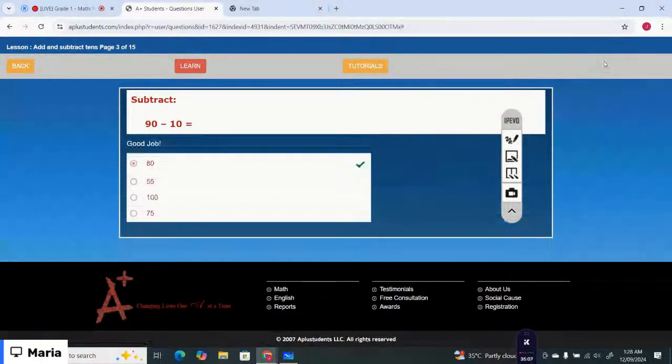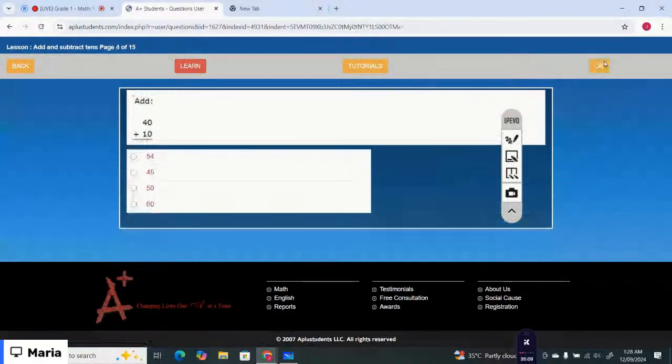Okay, the next one is 40 plus 10. So which is the correct option? You add zeros or subtract zeros. The answer is always a 0, right? So 0 plus 0 is 0 and 4 plus 1 is 5.